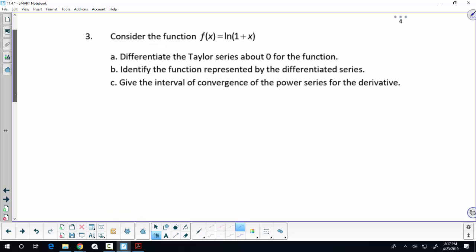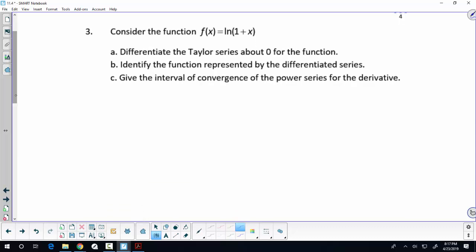So if we differentiate the series about 0, that's why it's handy to know the series for the natural log of 1 plus x. Instead of having to compute all of the derivatives, if we know what it is, we can just write it down. So what's the series for the natural log of 1 plus x?